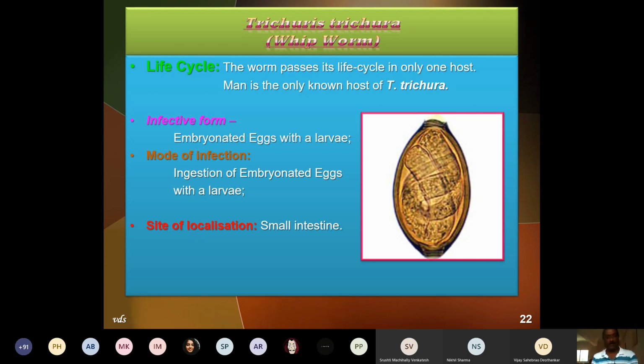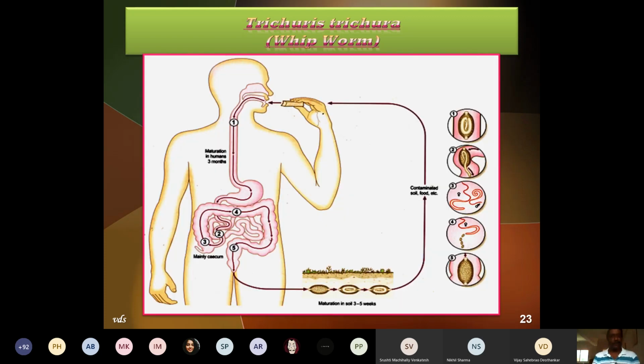Now, in this life cycle there is not as much confusion as seen in Ascaris, because when the embryonated egg is ingested, the mucus plug of the egg is destroyed by digestive enzymes, and the larva protrudes out.